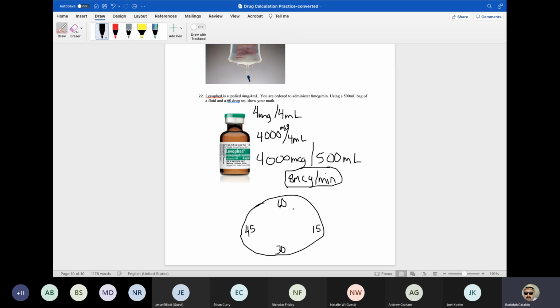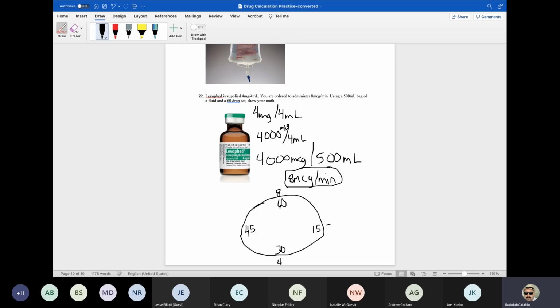Now, there's something I haven't done yet. I have to figure out my concentration. So if there's 4,000 micrograms and 500 mLs, how many micrograms are in 1 mL? 8. Okay. So 4,000 divided by 500 gives me 8. So 8 goes at the top, 4 goes at the bottom.